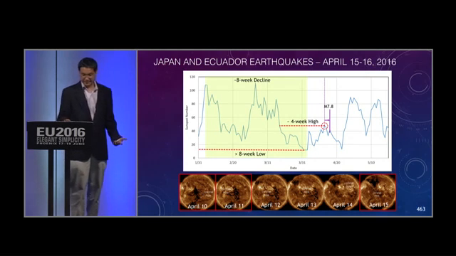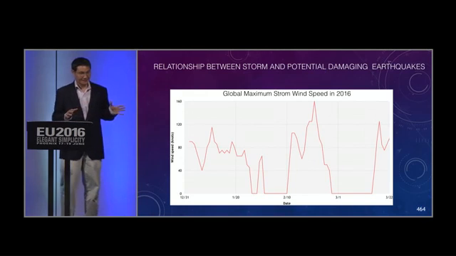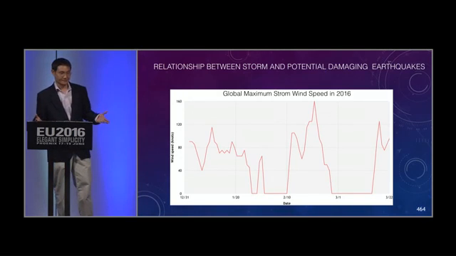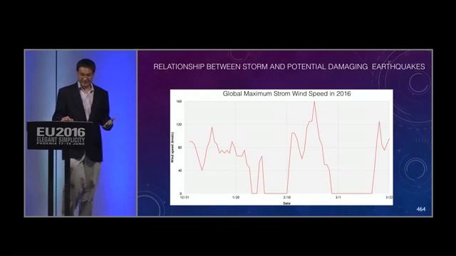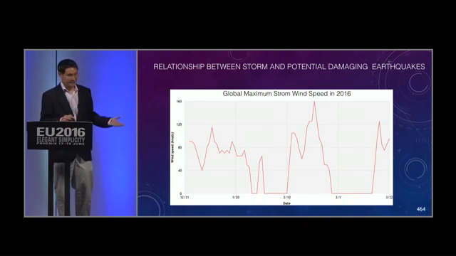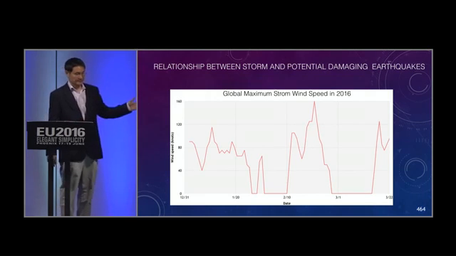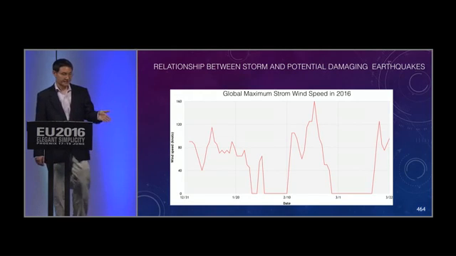So next, let's look at how we can predict earthquakes and storms altogether, especially earthquakes. This is a plot of global wind speed of all the storms combined on each particular day. The y-axis here is wind speed in knots, and the x-axis is the date.